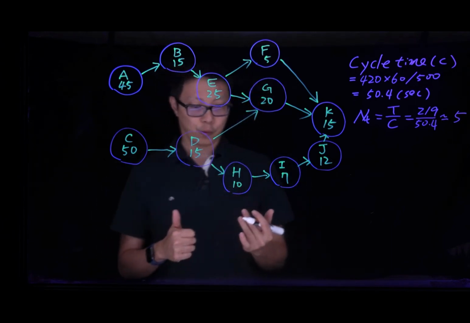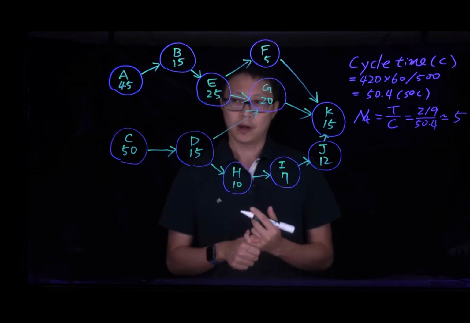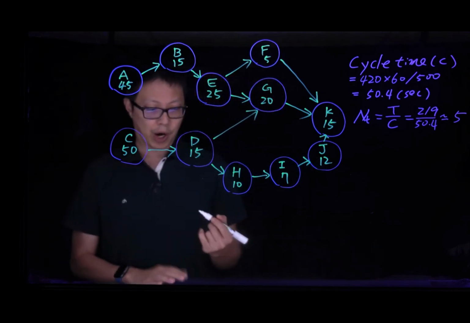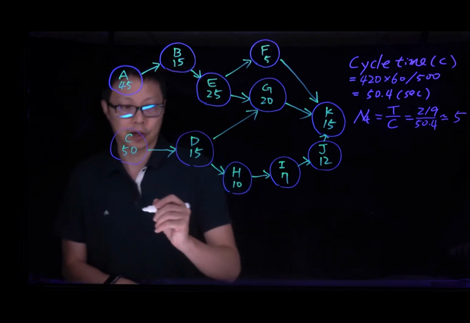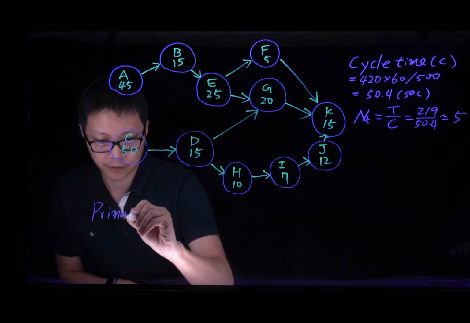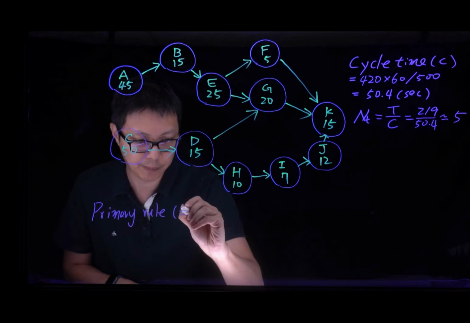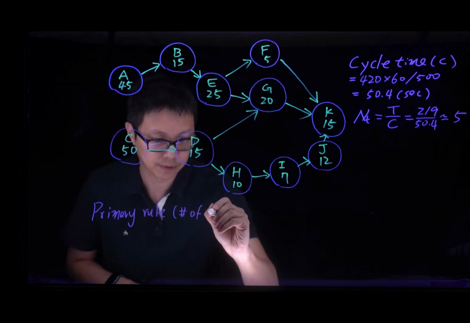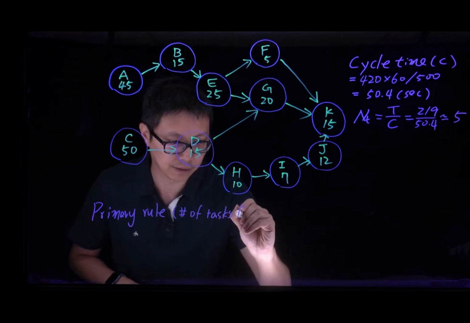To do that, we need to consider different rules. For example, in this case, the primary rule can be the number of tasks that follow. So let's write it down here. Primary rule: the number of tasks followed.